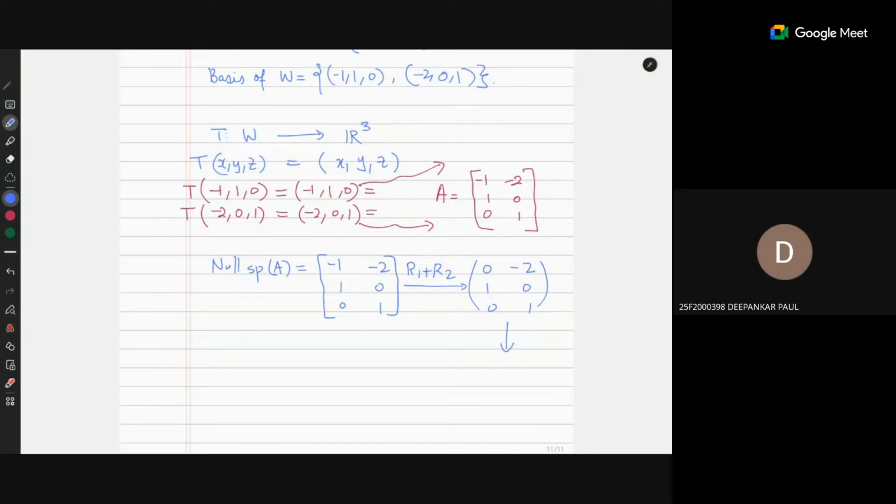Then R1 plus 2 R3, and then you can interchange rows. So you get 0, 1, 1, 0, 0, 0. You need to do one interchange, R1 with R2.